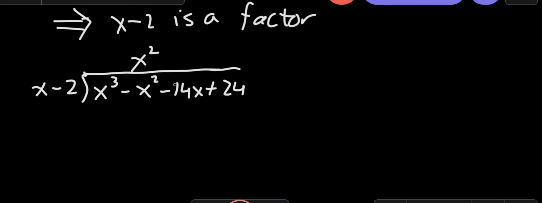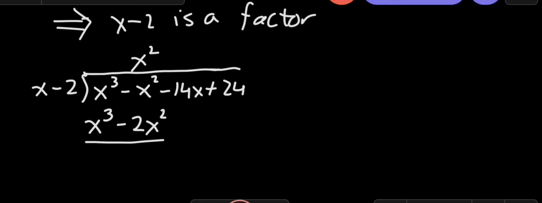And then we'll subtract. So x squared times x is x cubed, and x squared times negative 2 is negative 2x squared. Now we're going to subtract, but again, I prefer not to write the minus sign there.